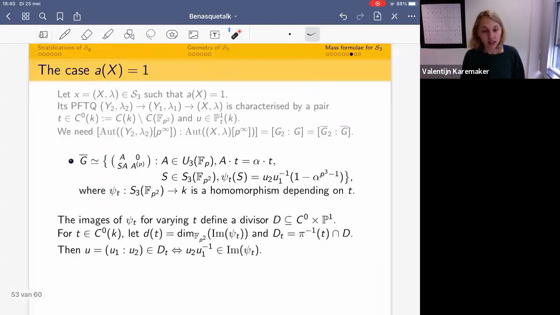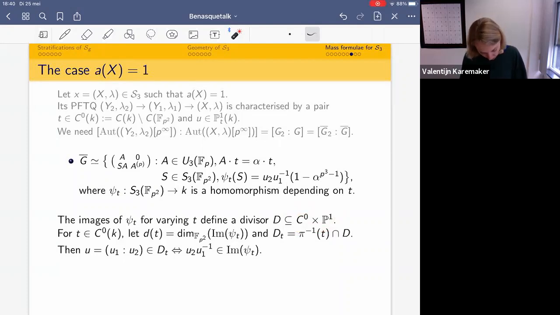Now we see that the images of these maps for varying t define a horizontal divisor in C0 times P1. So this is a trivialization of P mu.